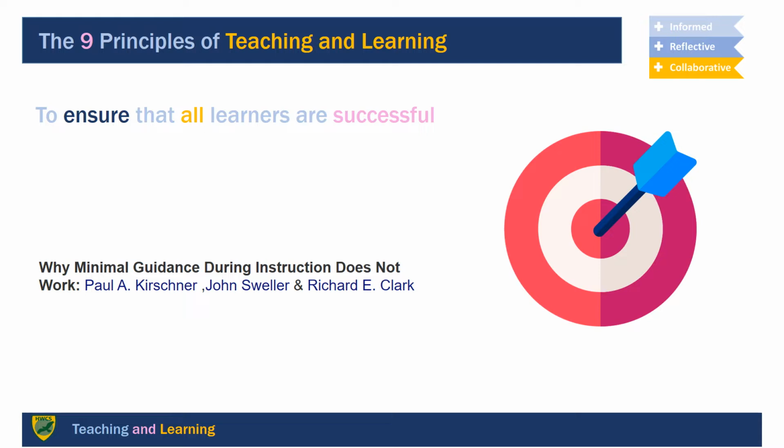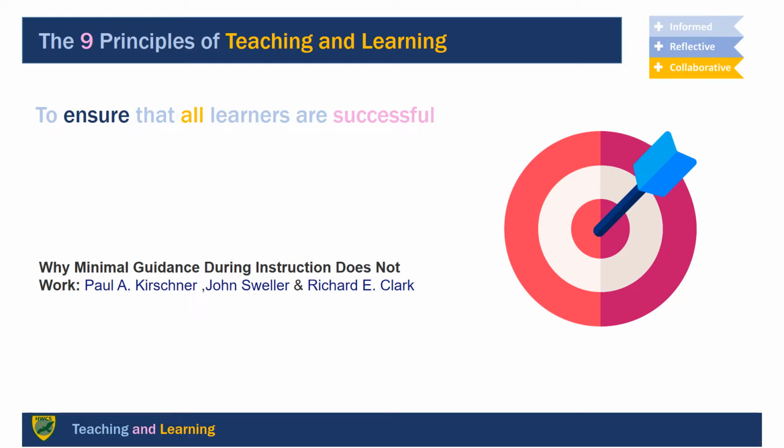We know as a truly comprehensive school, what we want for our students is for all our learners to be successful. And there's lots and lots of research on how to ensure that all learners are successful. We know, and we've unpicked it before, that the Education Endowment Foundation research talked about direct instruction being a good way of ensuring all learners are successful.